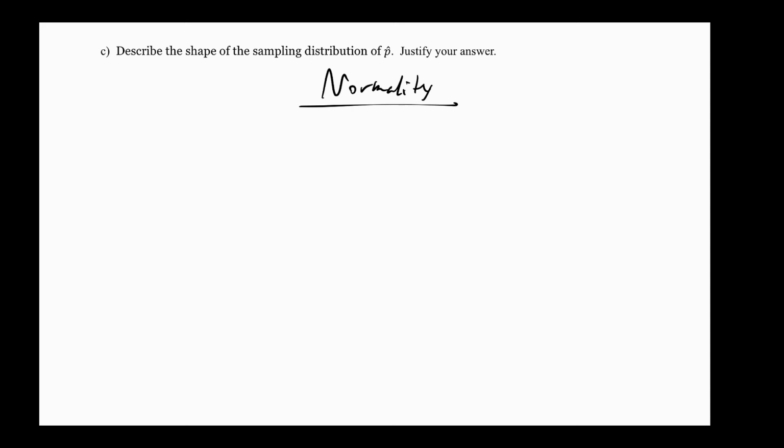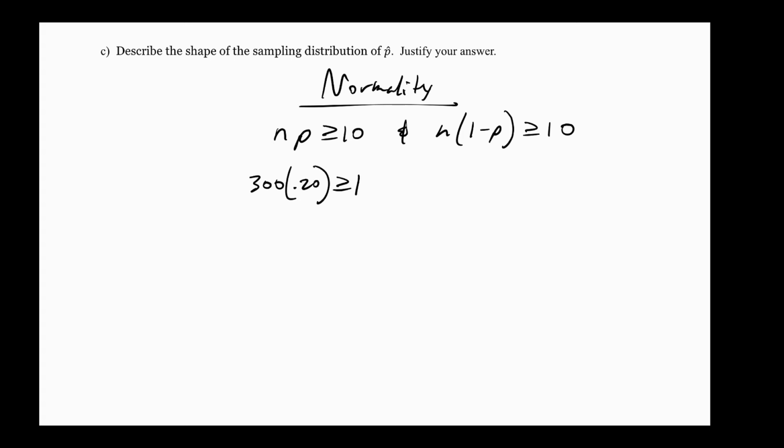Since it's a proportion, we need to check if n times p is greater than or equal to 10, and if n times (1 minus p) is greater than or equal to 10. N is 300 and p was 0.2. So 300 times 0.2 is 60, and 60 is bigger than 10.